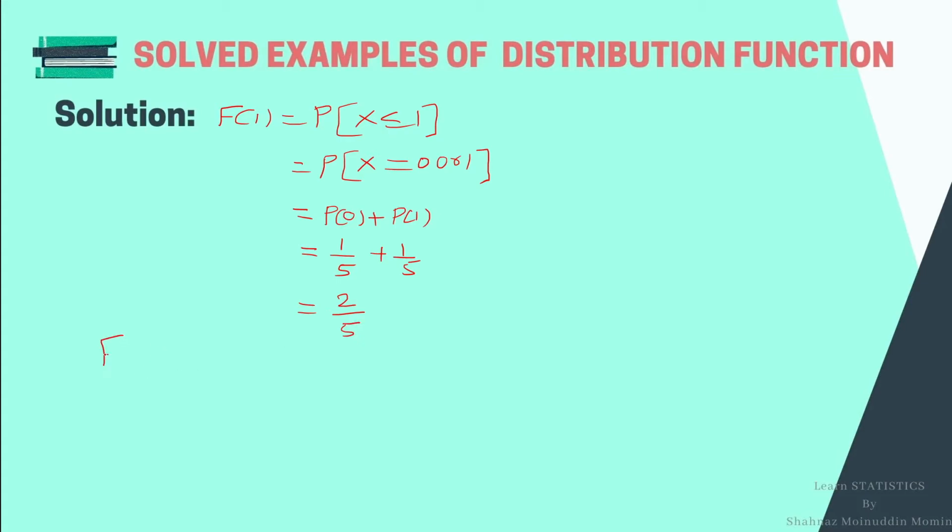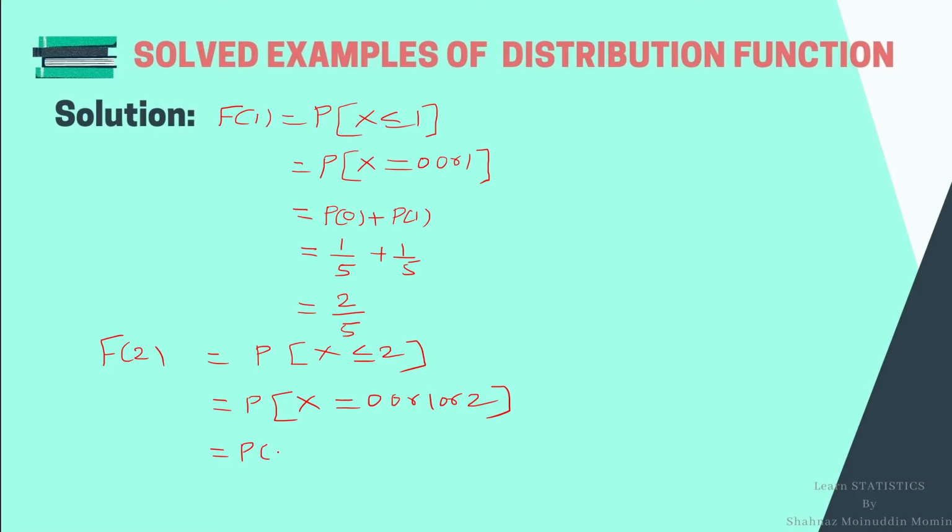Similarly, F2 is probability x less than or equal to 2, and which is x equal to 0 or 1 or 2.